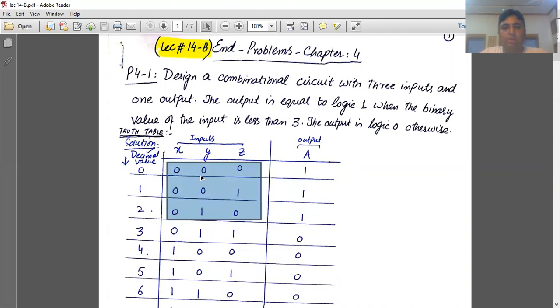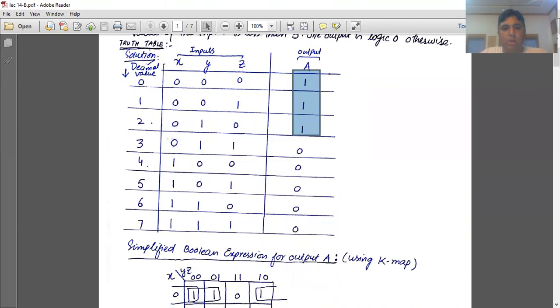In all other cases, when the binary value of the input is 3 or greater, the output is 0. So this is your truth table.